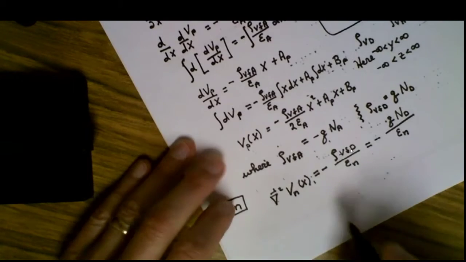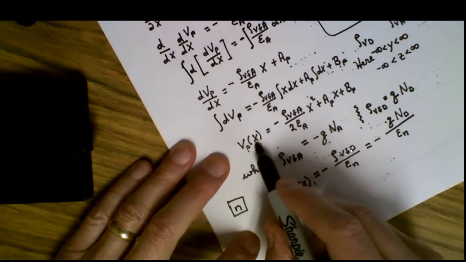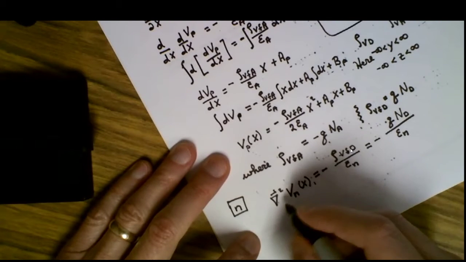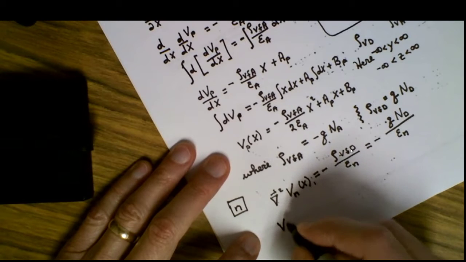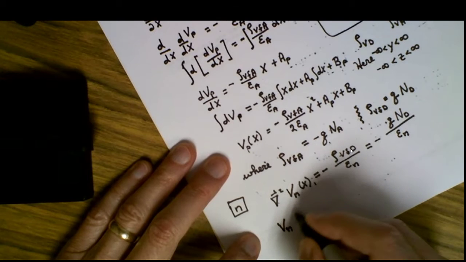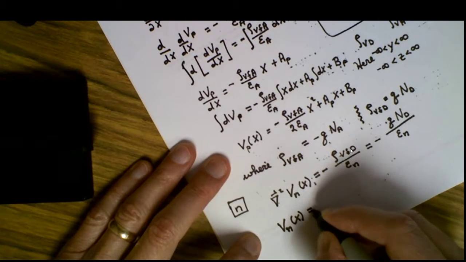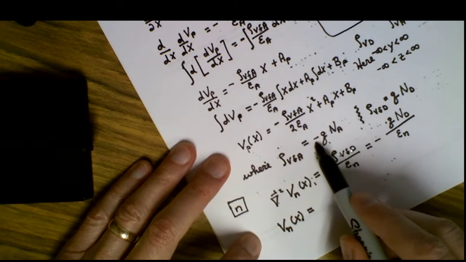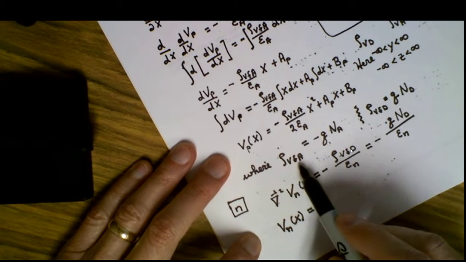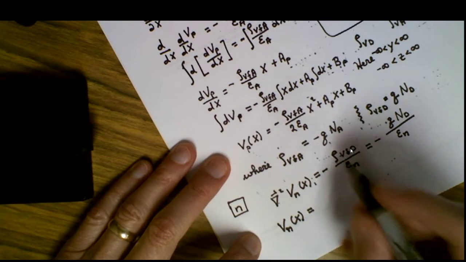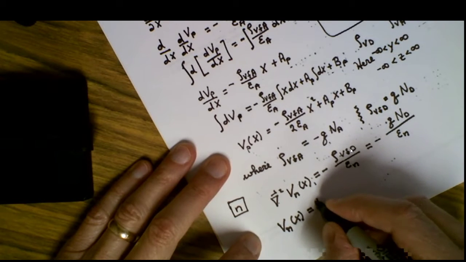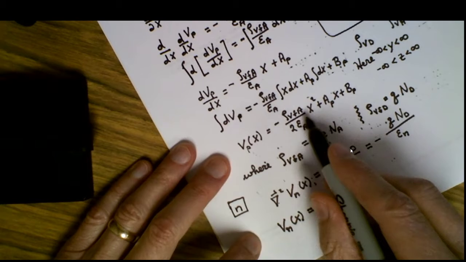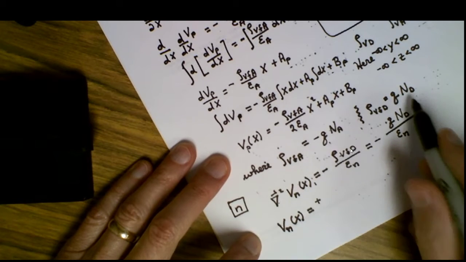Consequently, let's do that. Going back to this expression here and making that change in notation, we have the potential for our N material, function of x. This is going to be equal to, now the volume charge density is going to change sign relative to the sign used for our acceptor. So that's going to be equal to plus, and let us write out what our volume charge density is for the number of donors.